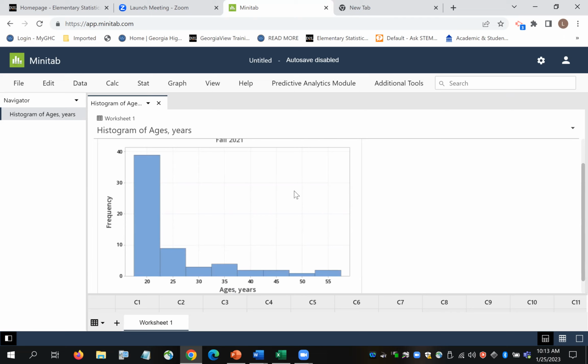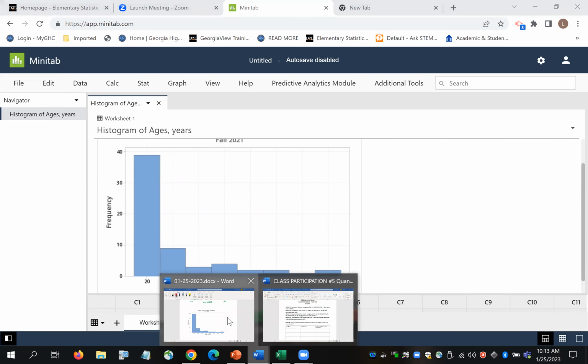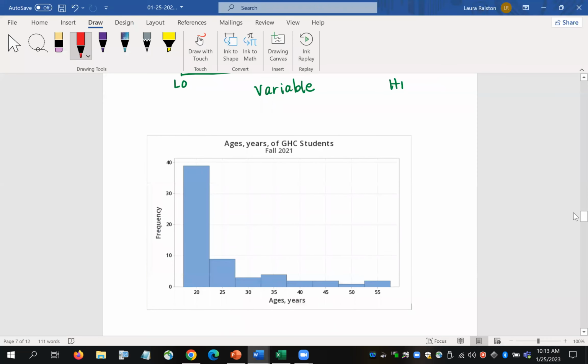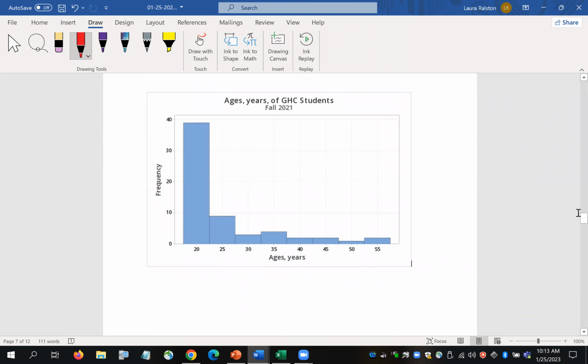And if you look at it here in Minitab, or if we go back over here to the Word document and look at it, again, notice how we have a lot of data values at the beginning on the low end, and as we move out to the higher ages, it tapers off. So again, that hump is on the left, which means it is skewed to the right.